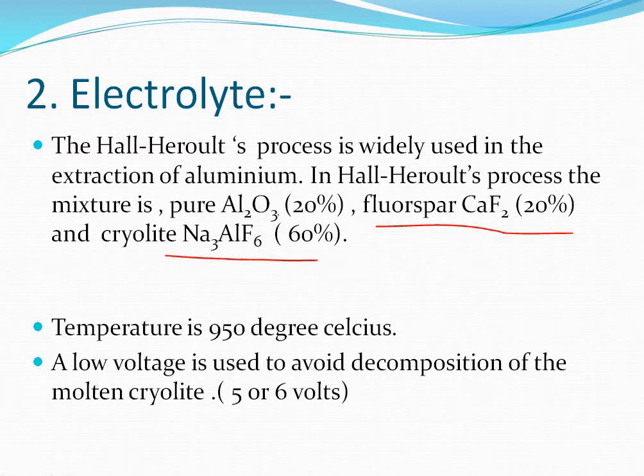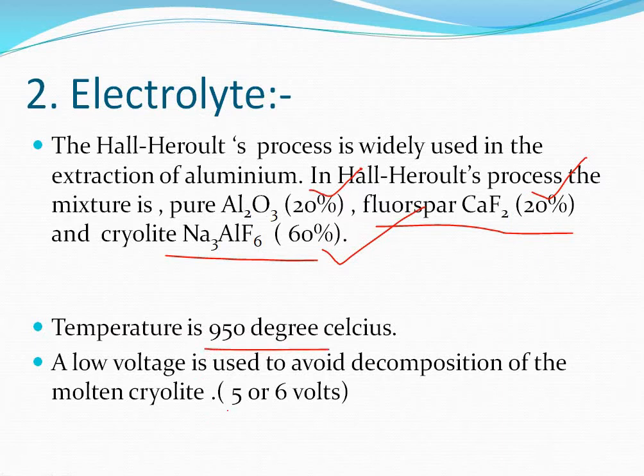The percentage of pure alumina is 20%, fluorospar is also 20%, but the cryolite is 60% present in the molten state, and the temperature required to start the reaction is 950 degrees Celsius.